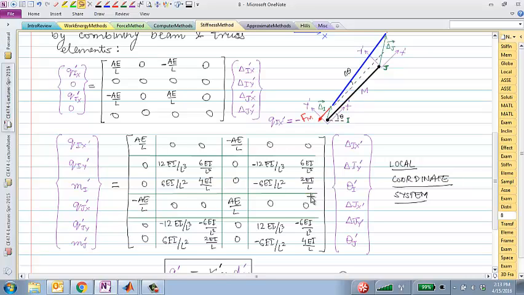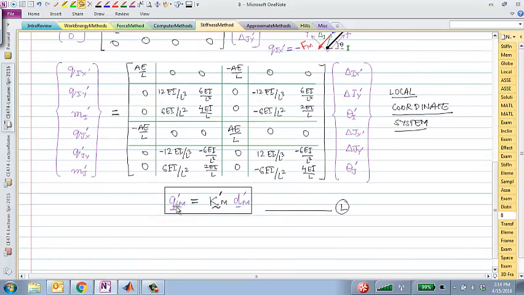So for example, I have this one frame element this way, another frame element this way. They both have their own local force and displacement relationships. I cannot add two vectors which are expressed in two different coordinate systems, right? If I have one vector here, one vector here in two different coordinate systems, I cannot directly add them. I would have to convert both of them to global, and then I can add them. Make sense? So that's exactly what we did for the truss problem. That's exactly what we are going to do for the frame problem.